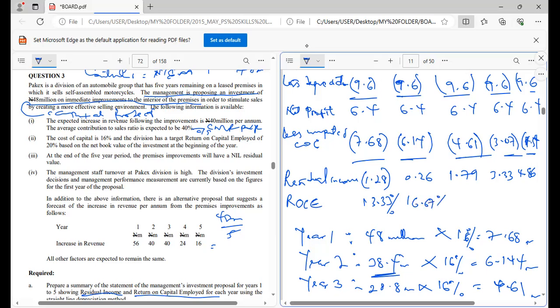Go on. Divided by 28.8. 22.22%. Yes. Go on.